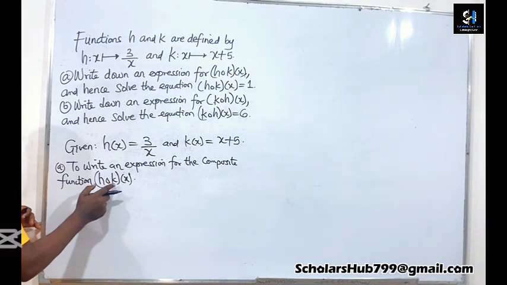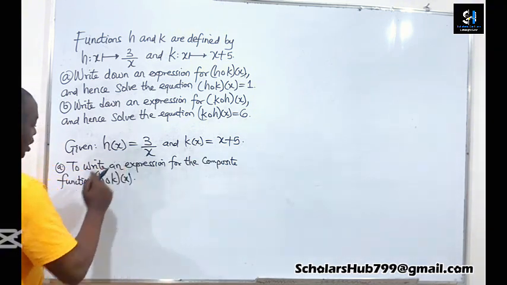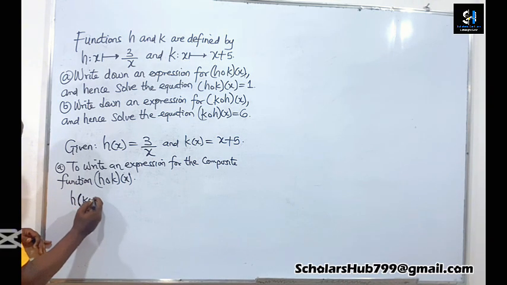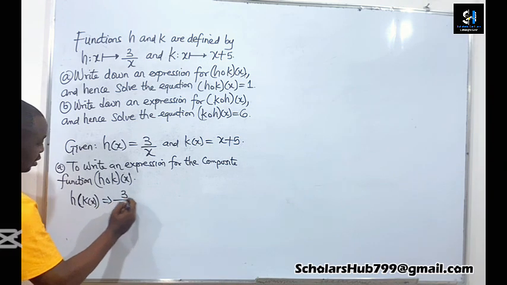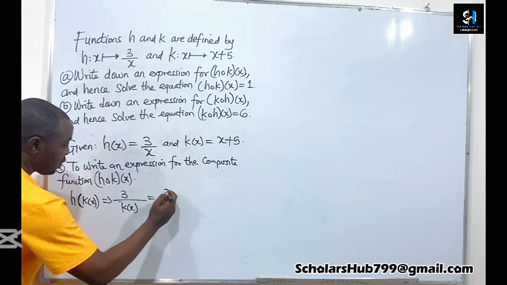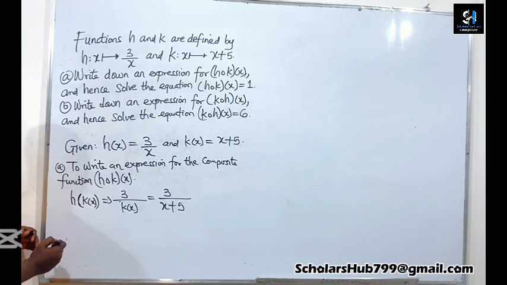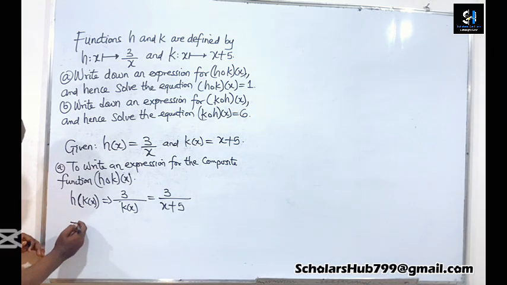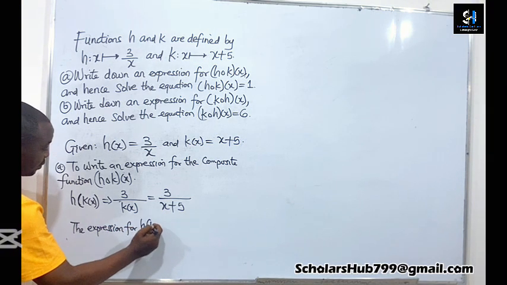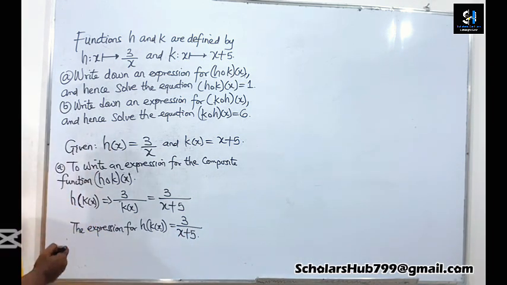Which means I'm going to put k into h as x. So hk of x is h of k of x, and that will be 3 divided by k of x, which is 3 over x plus 5, and this is the expression. So the expression for hk of x is equal to 3 divided by x plus 5.